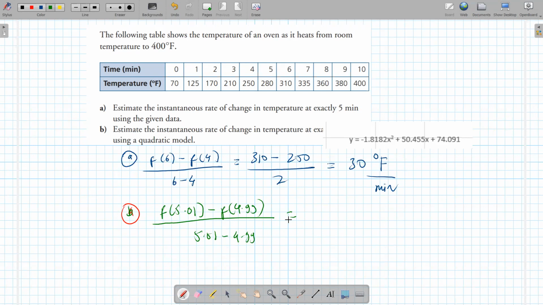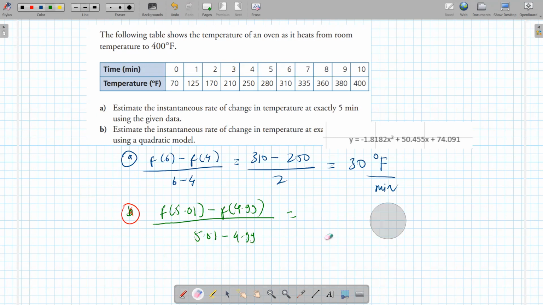There's no way this is doable by hand. Squared plus 50.455 times 5.01 plus 74.091. So I get some number here, 281, and then minus negative 1.8182 times 4.99 squared plus 50.45 times 4.99 plus 74.091 times 4.99, divided by 0.02.